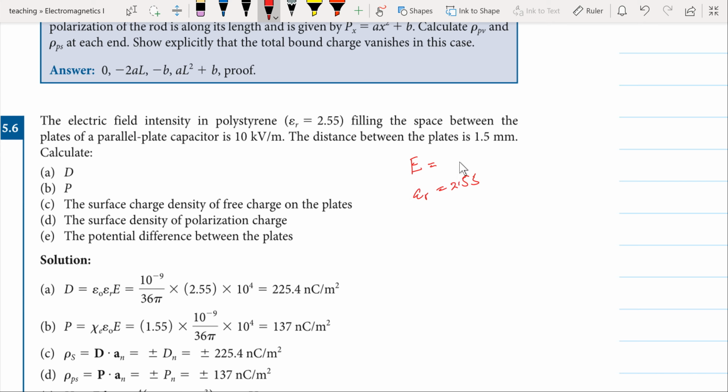Our electric field strength is 10 kilovolts per meter, and the distance between the plates, d, is 1.5 times 10 power minus 3.